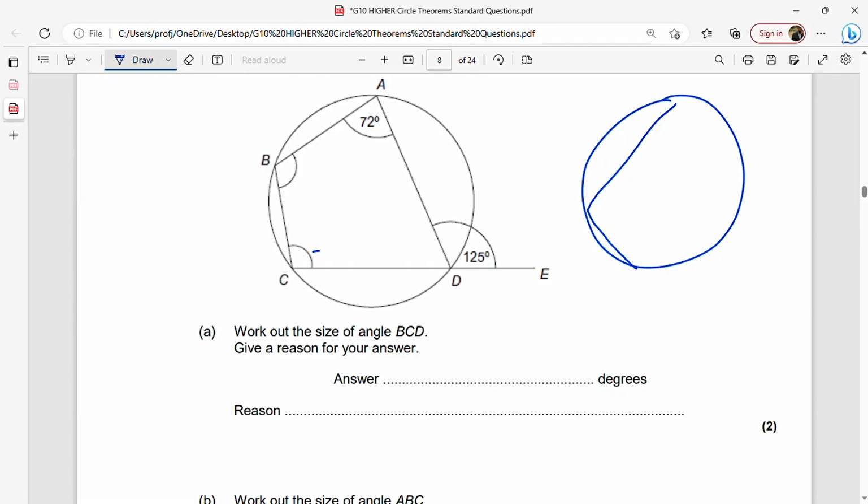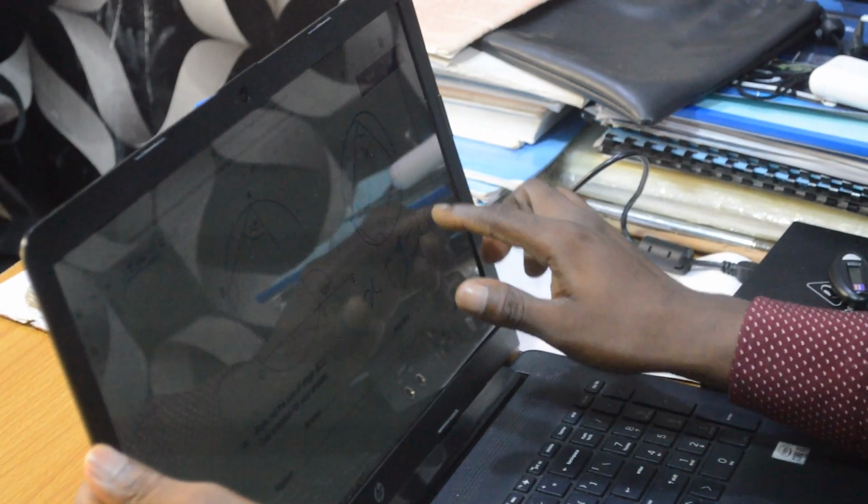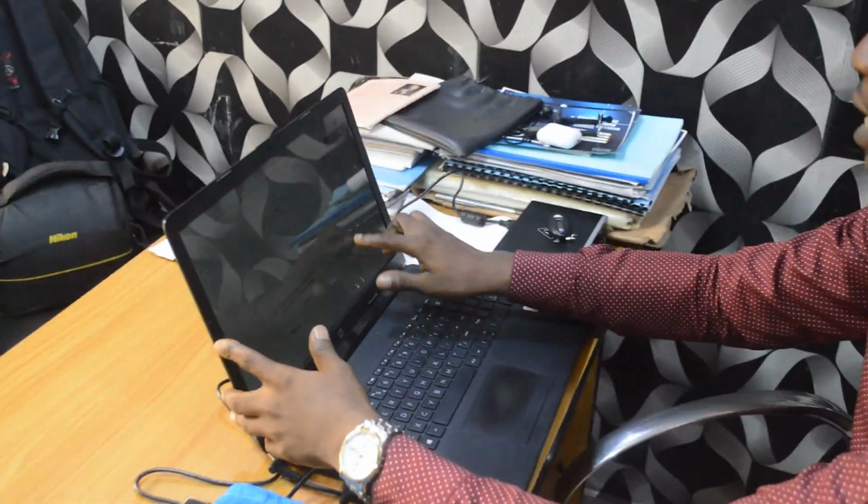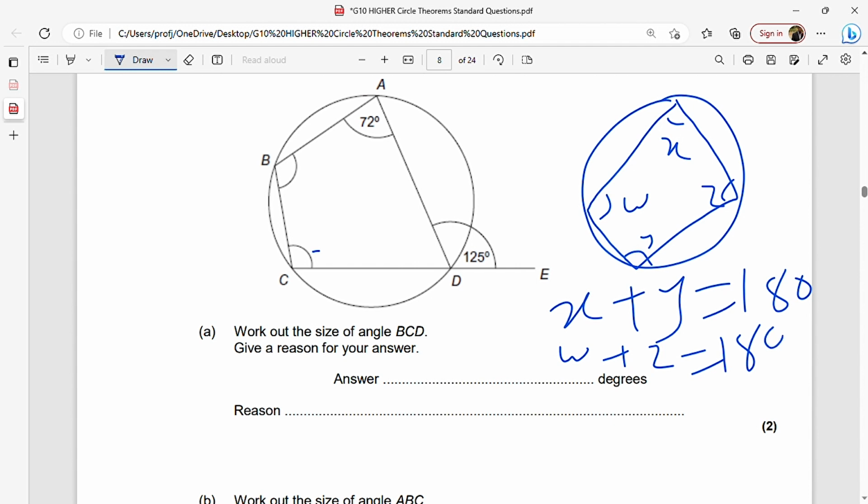So if you are looking for BCD in a cyclic quadrilateral, one of the theorems in circle geometry states that for these two angles, X and Y, the sum of those two angles is 180. That is, x plus y is equal to 180. The other pair, w plus z, must also give you 180.